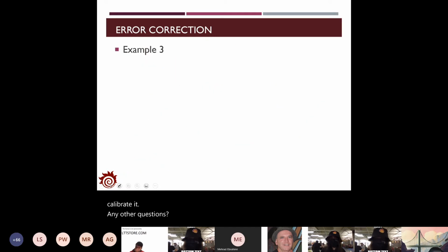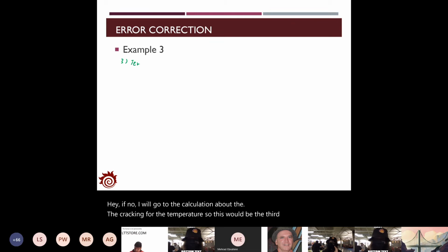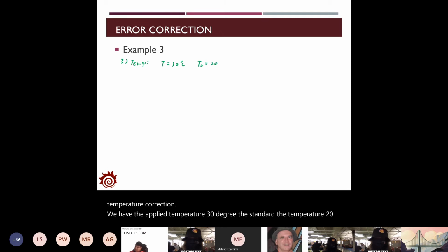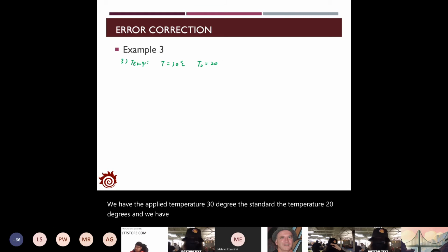Okay. If no, I will go to the calculation of the correction for the temperature. So this would be the third one, the temperature correction. We have the applied temperature, 30 degrees, the standard temperature, 20 degrees, and here I did not give you the value of the coefficient.